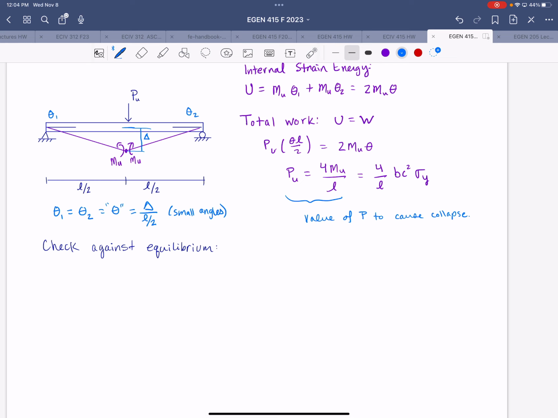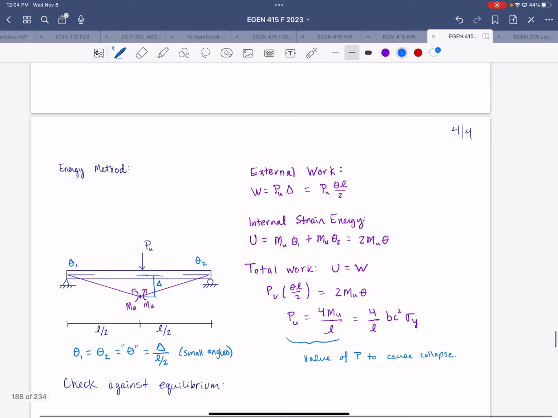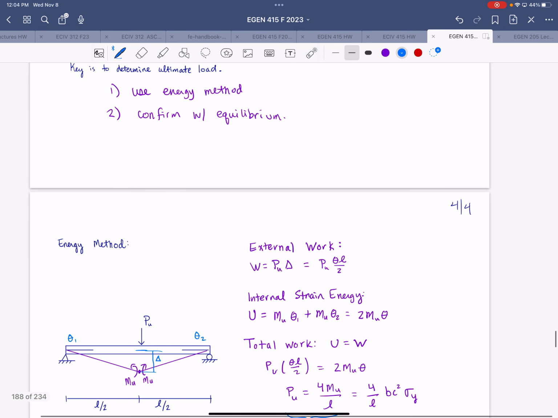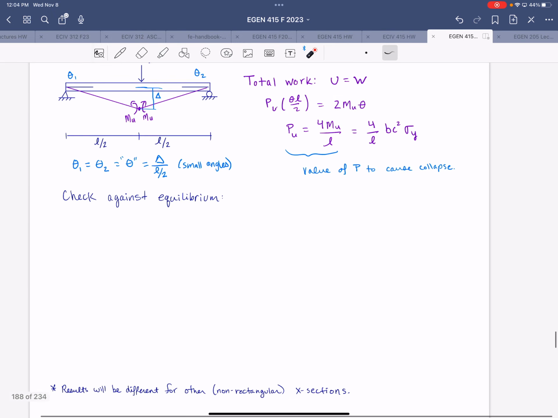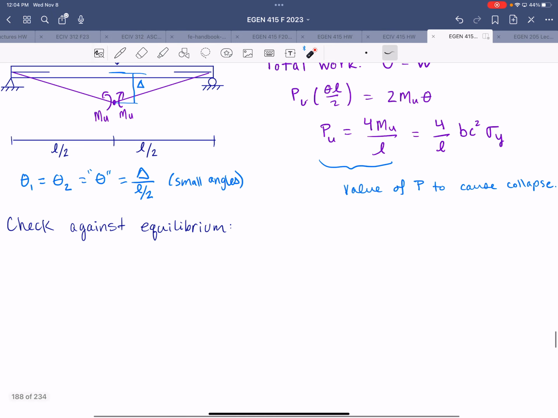So now that we have determined this using the energy principle, because in the previous page I said the approach we're going to take in this class is to use the energy method to determine the collapse mode and then confirm it with equilibrium. So now that we've determined the collapse mode, we will confirm with equilibrium.